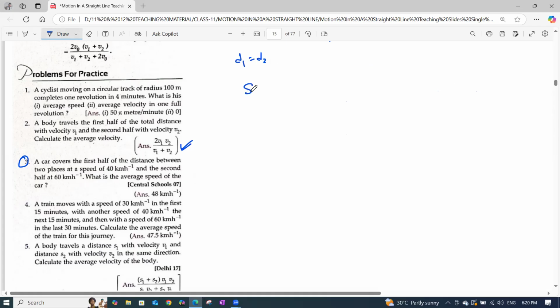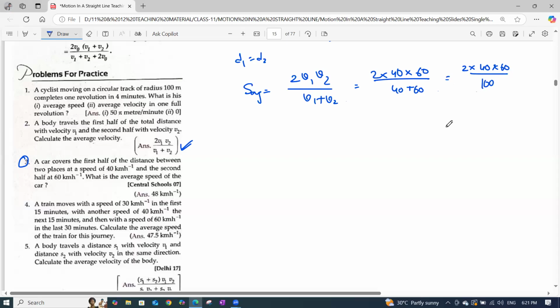Now the formula: average speed is equal to 2 v1 v2 upon v1 plus v2, that is equal to 2 into 40 multiplied with 60 upon 40 plus 60, that is 100.